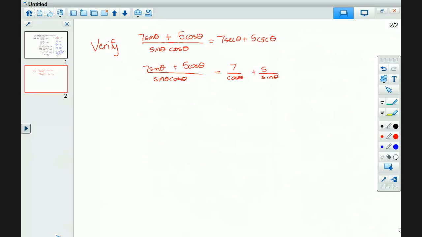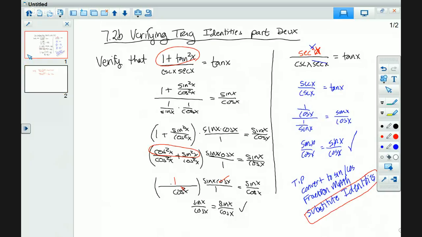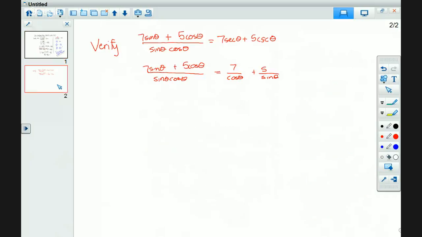How can I make this side match that side? Here to there. Think tip number 2. Okay. Bingo. What can I do to this? Fraction math. Okay, this is a denominator.